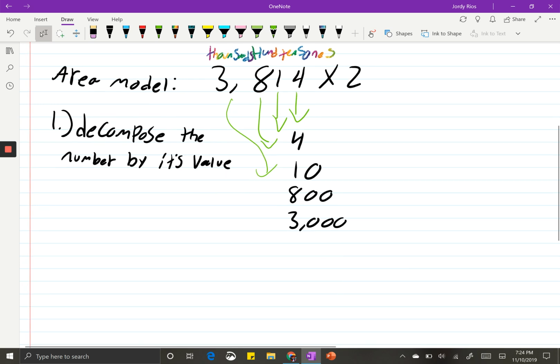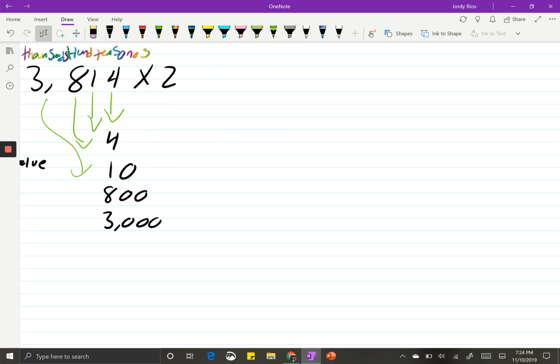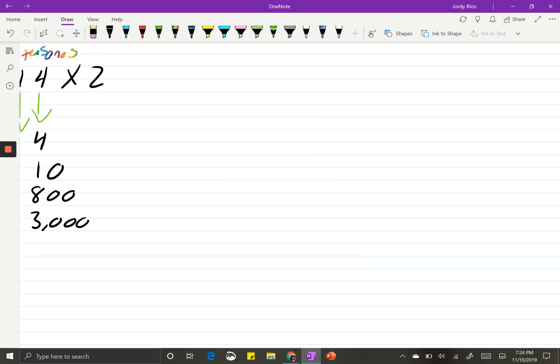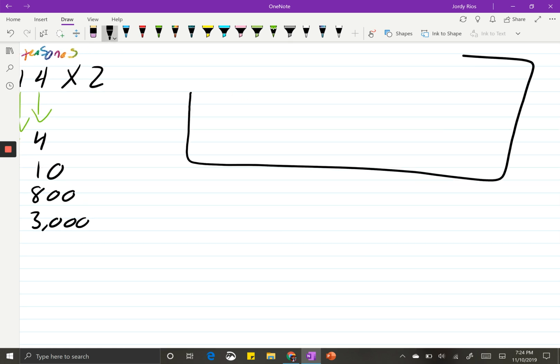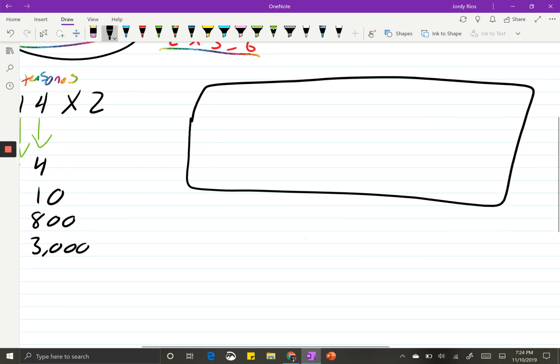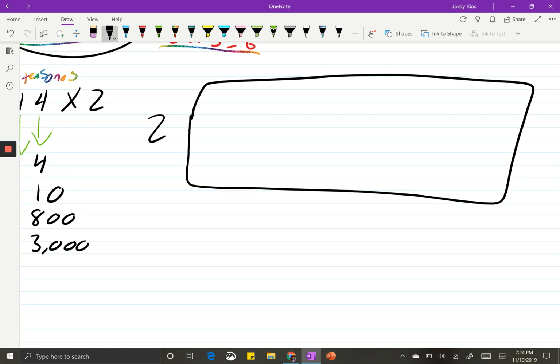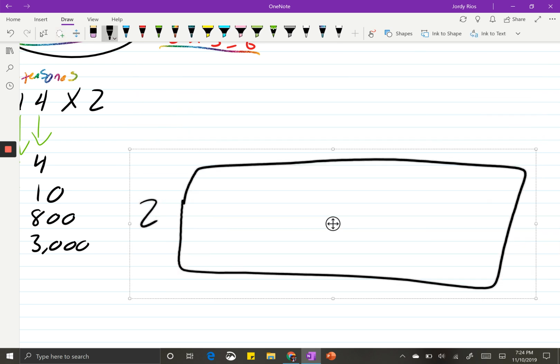Okay, so my next step is to draw the box. So I'm going to be multiplying it by 2. Let me just move this down really quick. I don't want it to bump into the way. Okay.